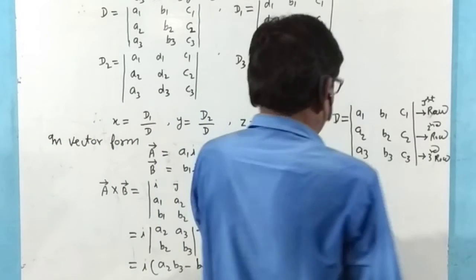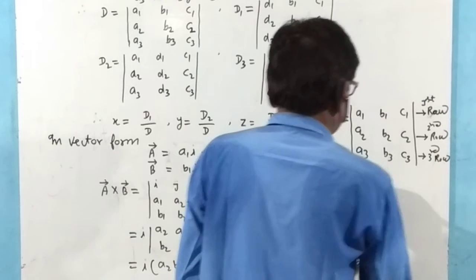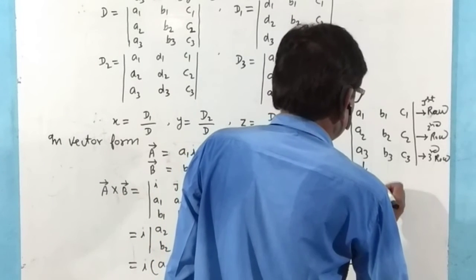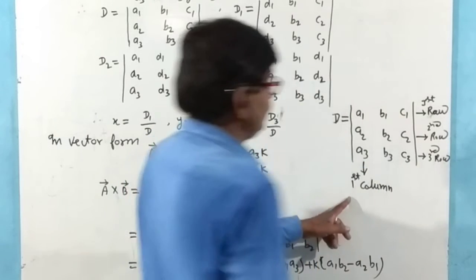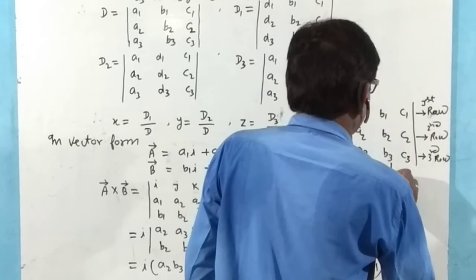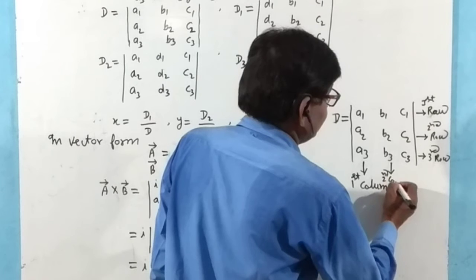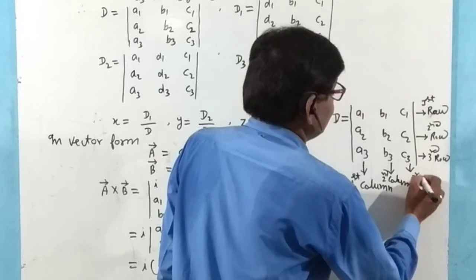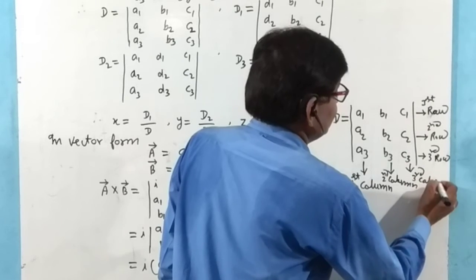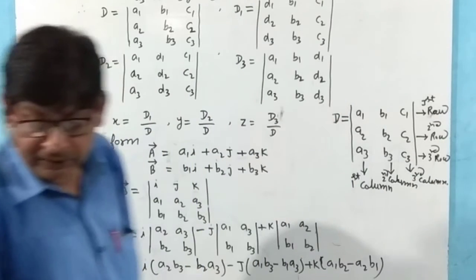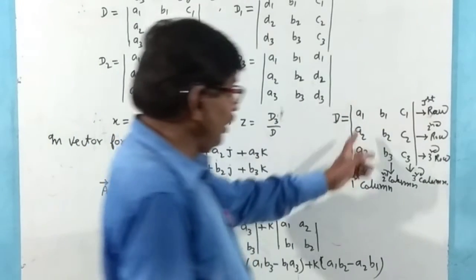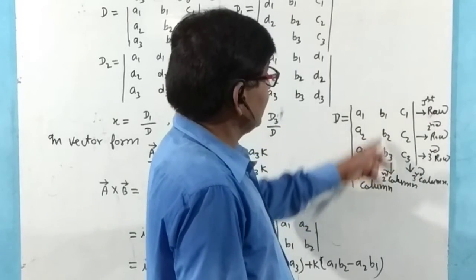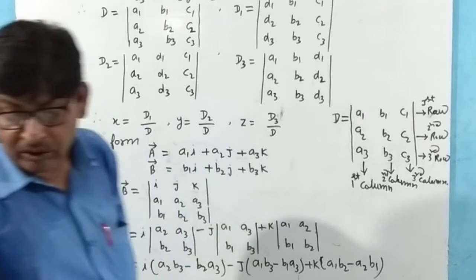This is the first column, this is the second column, and this is the third column. It means this is the first row, second row, third row, first column, second column, and third column.